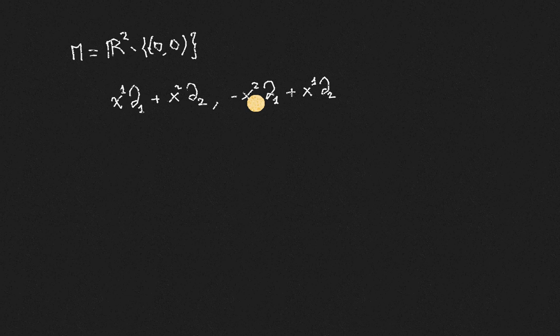So these are two vector fields. By the way, they are orthogonal also for the Euclidean metric, so we know that they are independent at every point.